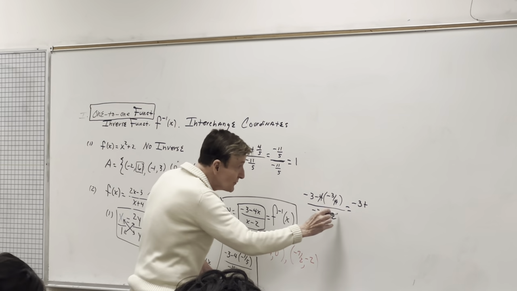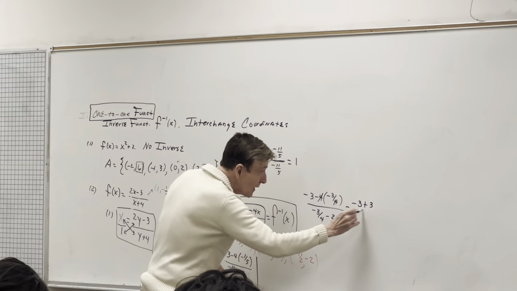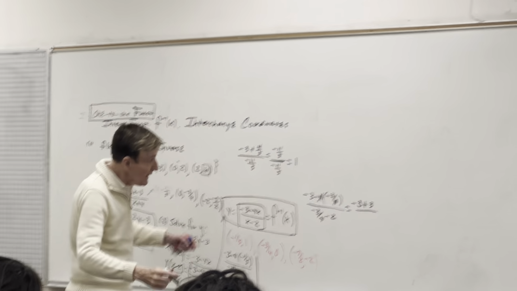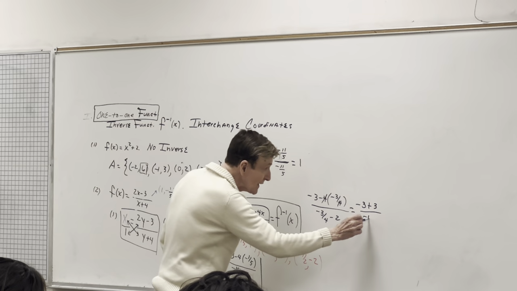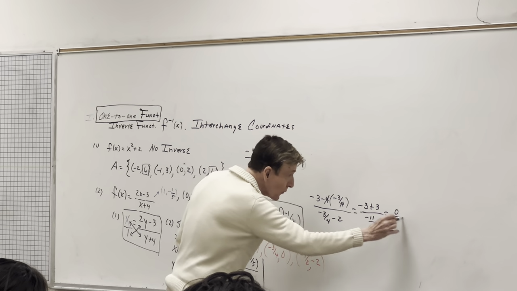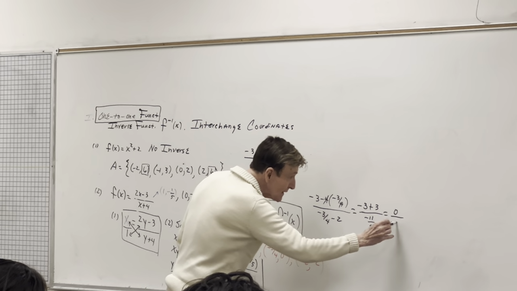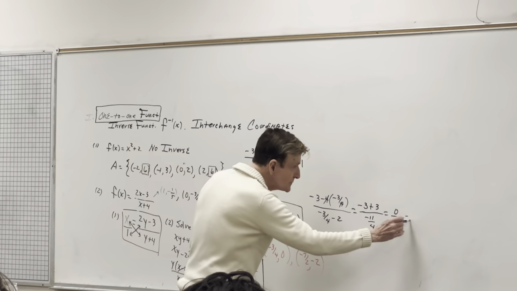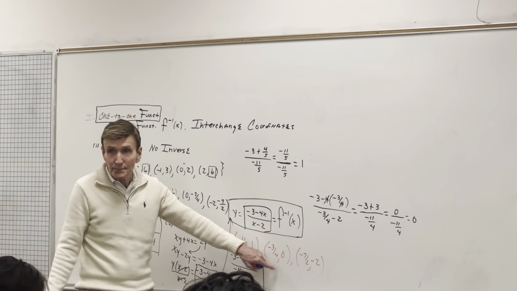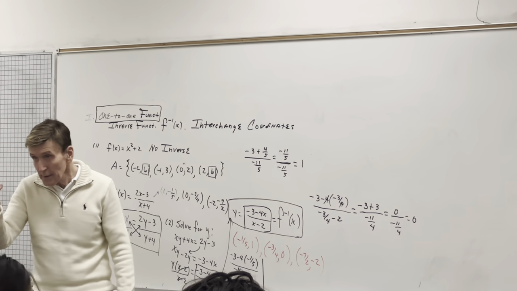The 4's cancel, or 3. And down here, common denominator of 4, it'll be -11/4, I think. No matter what it is, I've got 0 over it. Is that 0? Were we expecting a 0? So when you flip these around, they will check.